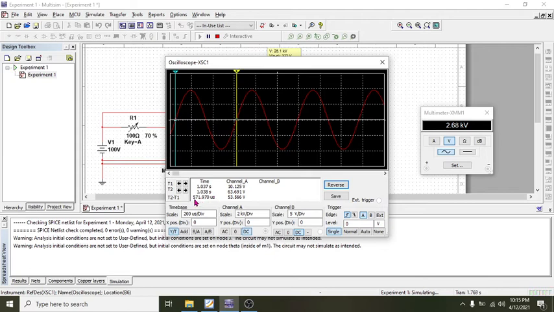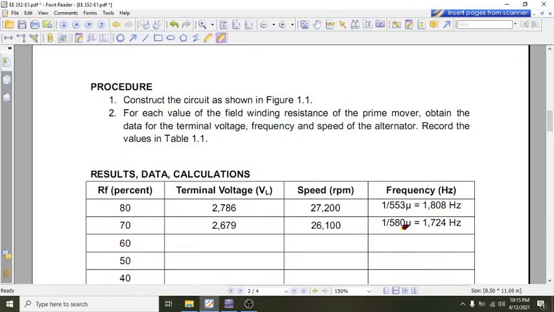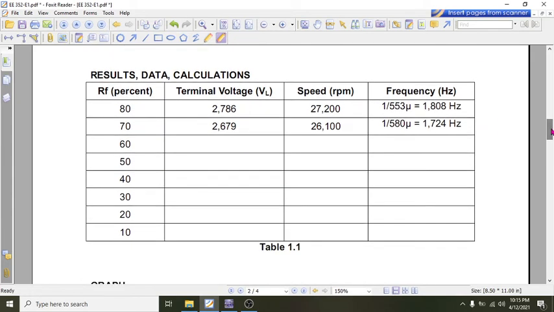That's around 572 microseconds. So you divide 1 over 572 microseconds, and it will give you the corresponding frequency.